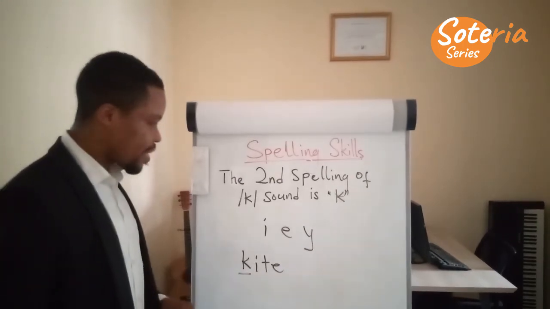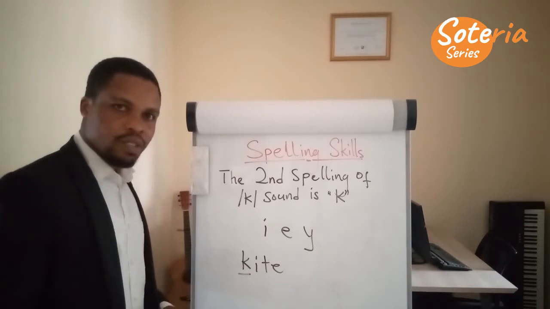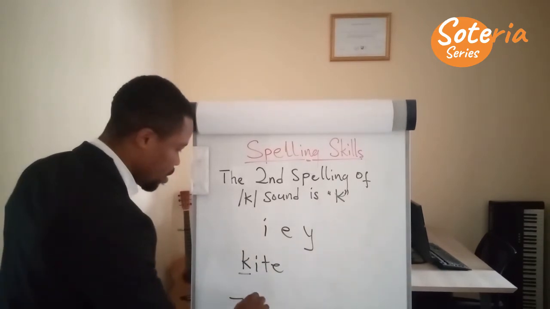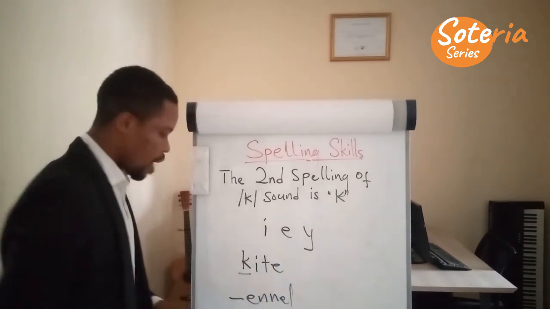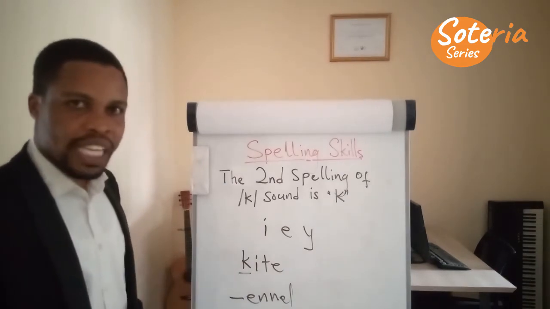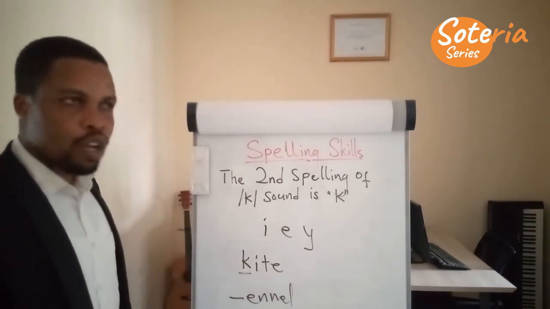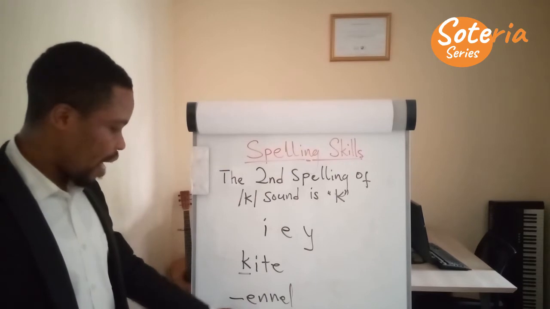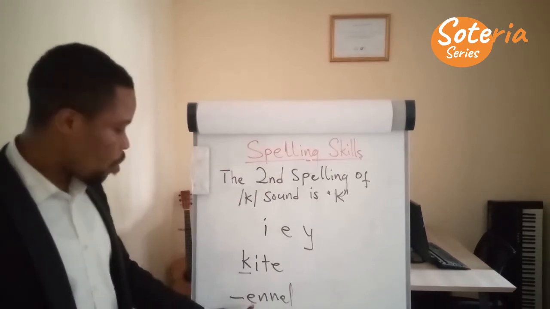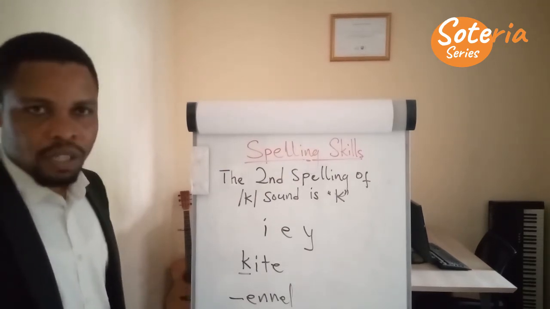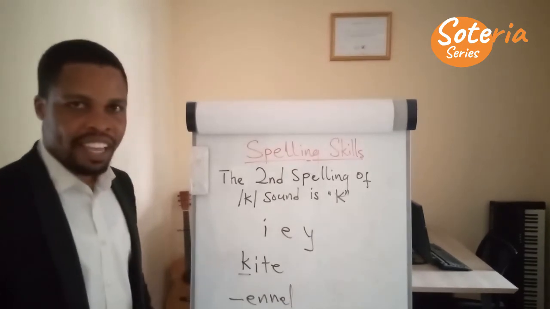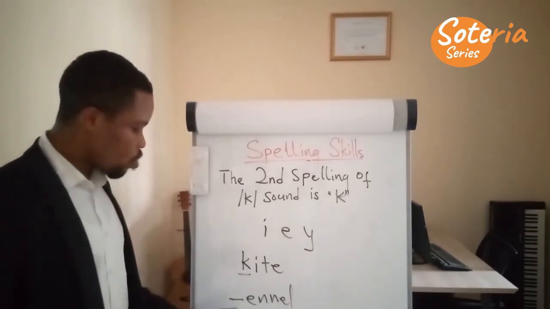Good. The same way, when you have a word and you hear the K sound at the beginning, but the vowel following it is E, that short or long vowel of this sound, then it's possible it will spell with the letter K. Okay, so this word is kennel.